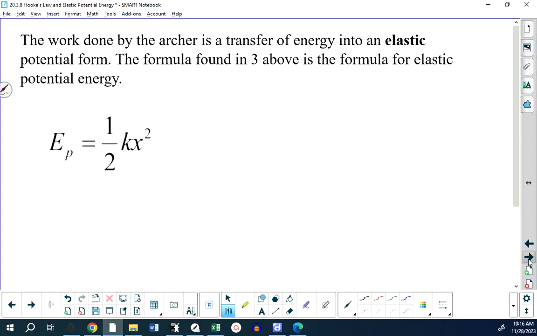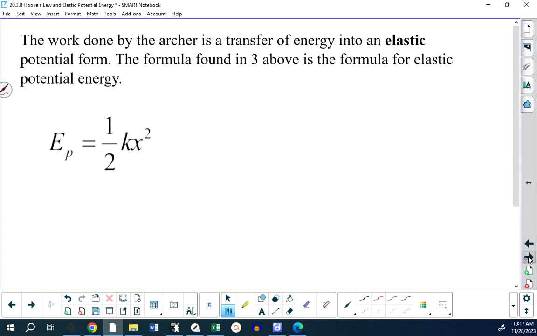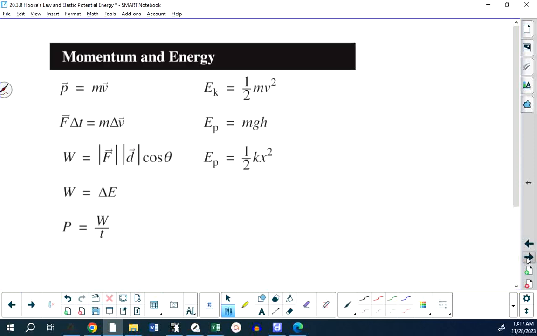If I ever ask you to find the elastic potential energy or work done in this situation, you are not going to even look at a graph. You're simply going to go to the formula. This is on your formula sheet under momentum and energy. Here's the formula for gravitational potential energy. Here's the formula for elastic. It's up to you to know which one is which.